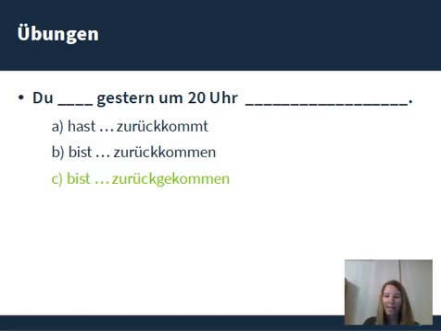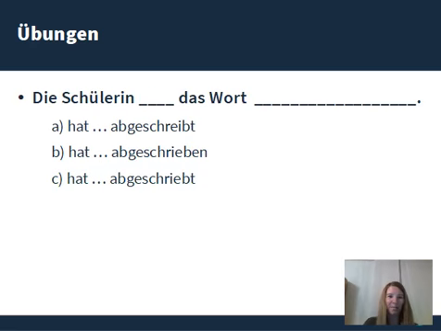Remember, come back, that is a movement. You change your location, so we need bist. And zurückgekommen is the perfect form of zurückkommen. Okay, last one for today. Die Schülerin hat das Wort abgeschreibt.